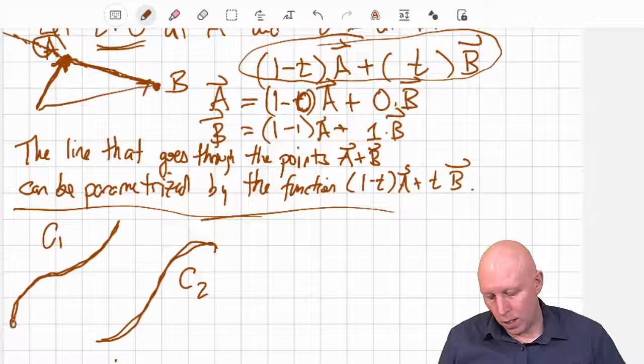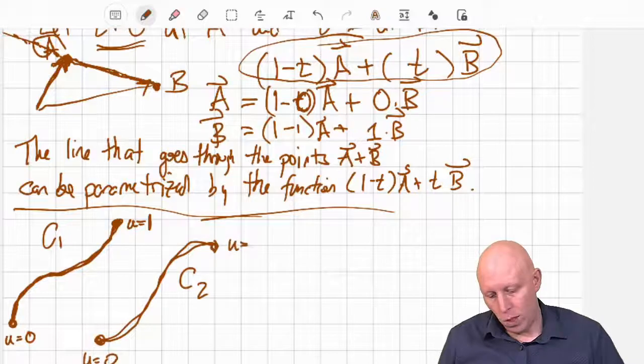A curve has endpoints, and we'll let u be equal to 0 here, and u be equal to 1 here, and the same thing with C2. We'll let u be equal to 0 here, and u be equal to 1 here.